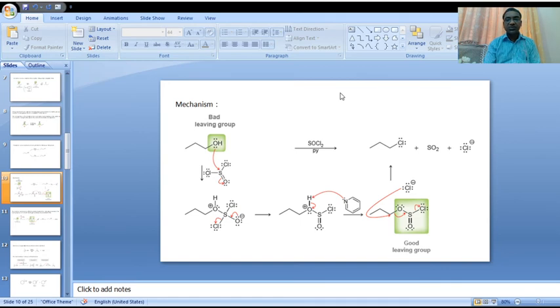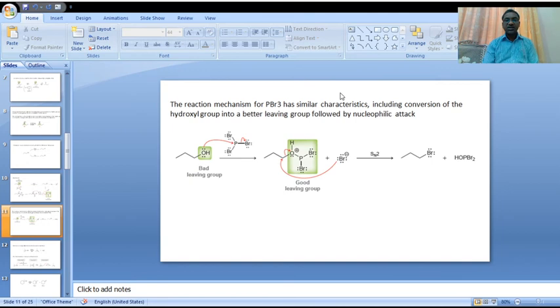Now let us go to another reagent we are using, the PBr3 mechanism. PBr3, phosphorus tribromide. We'll discuss now how the reaction proceeds.